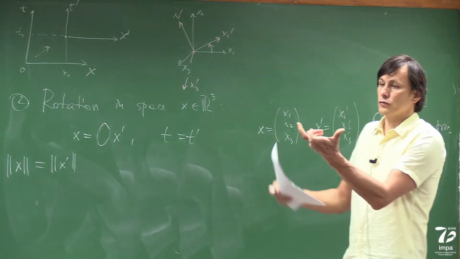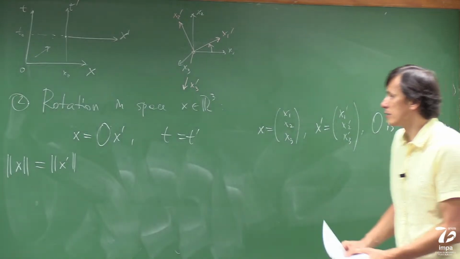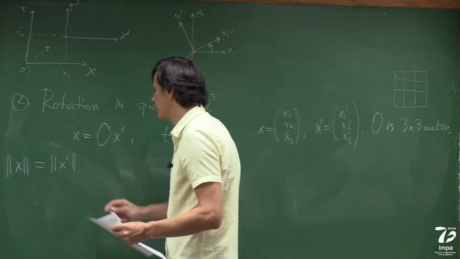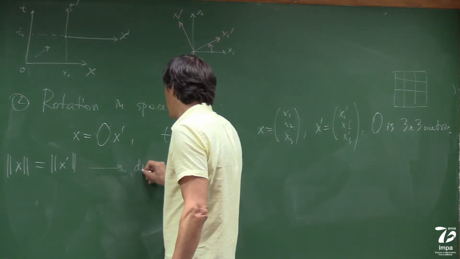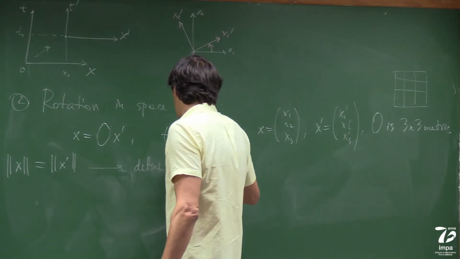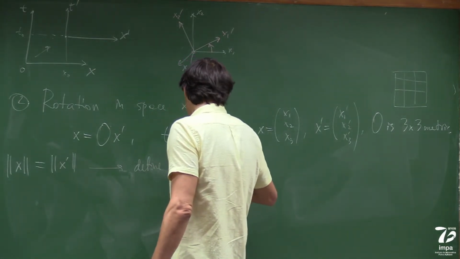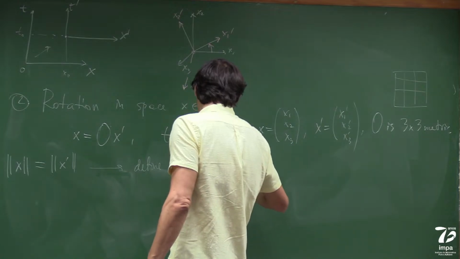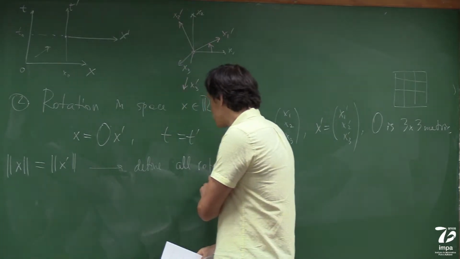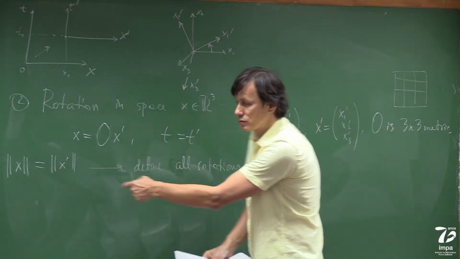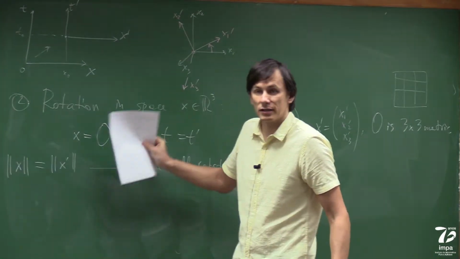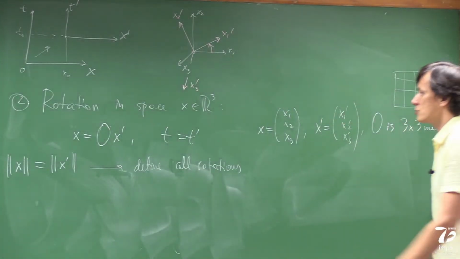And if you think a little bit geometrically, you will see that this condition is actually enough to define all rotations. Of course, rotation satisfies this principle, so rotations are already inside this class. But in fact, this condition is slightly more.